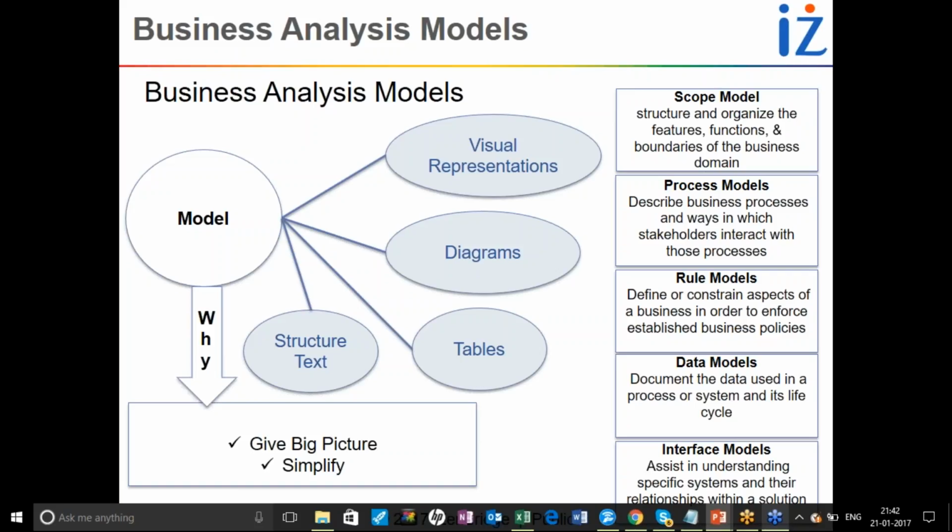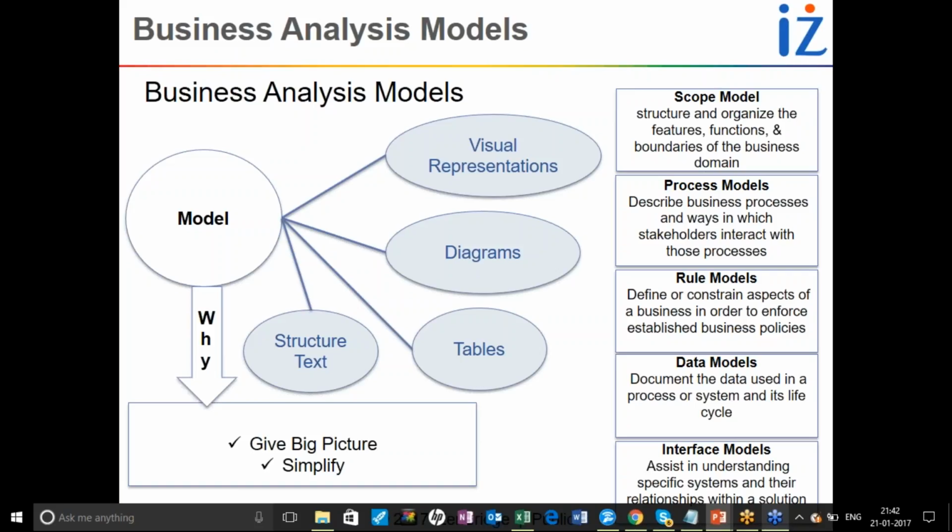It doesn't mean that when we are exploring the high level of features and functions using scope models, we are not getting the idea of what interfaces are involved in the system and what data is involved in the system, because we are not using the data models and interface models at the initial stage.